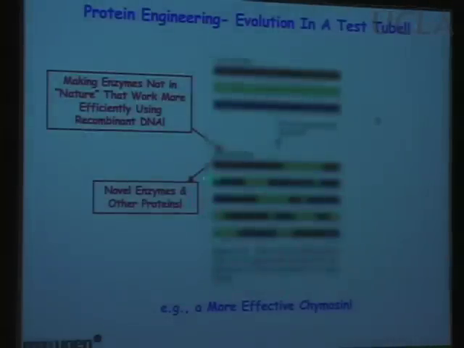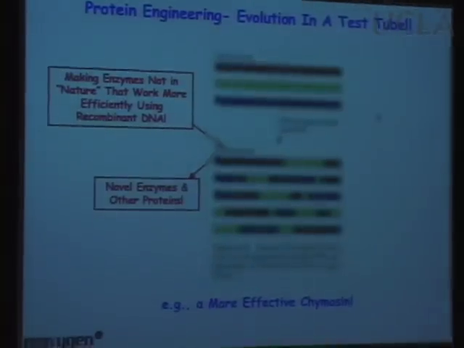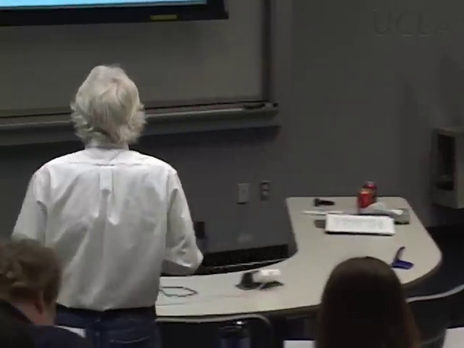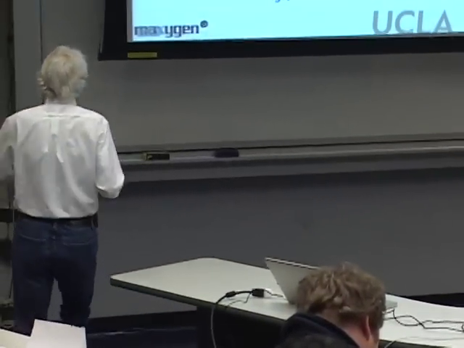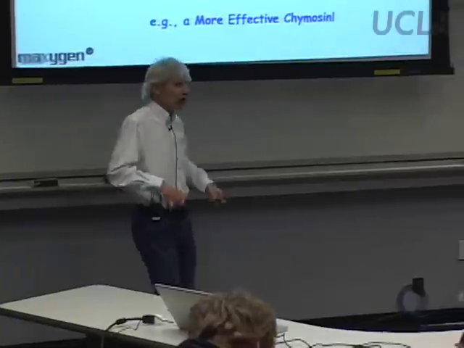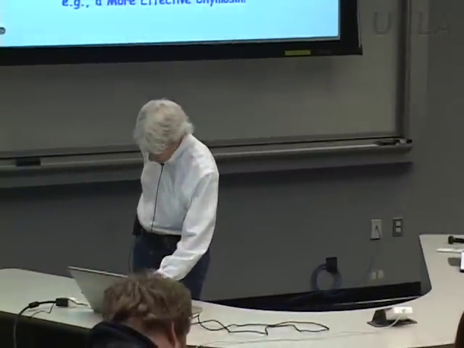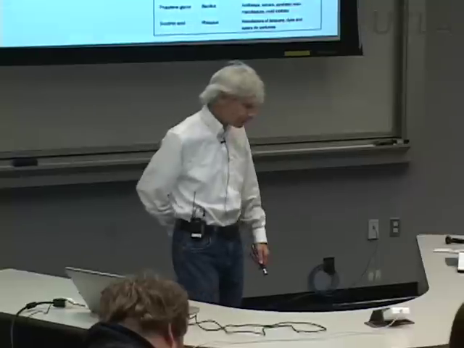You get all kinds of different proteins now, different cDNAs that encode different amino acid sequences, although you can do this in a much more precise way. And you try and come up with a protein that's more effective than chymosin, let's say superchymosin. And this is very powerful for engineering enzymes to make them work better, and very powerful for making other kinds of proteins. And there's a whole company called Maxigen up in the Bay Area which does this kind of stuff and pioneered this particular kind of approach.